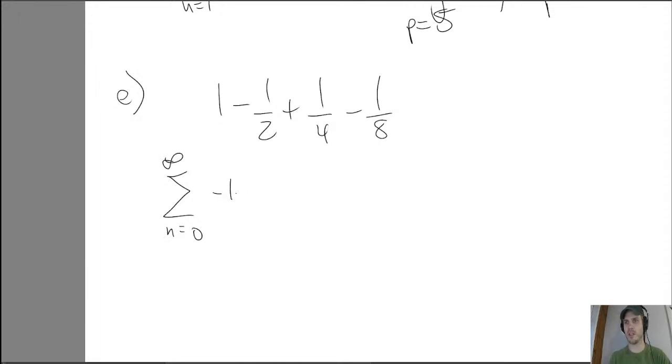And this is some power of -1 times 1 over 2 to the n. So 2 to the 0 is 1, so this first term is 1. We want this to be positive, so let's make it raised to the n. So -1 to the 0 is 1, so this all becomes 1. -1 to the 1 would be negative. Yeah. Okay, so this is our series, and it's alternating.